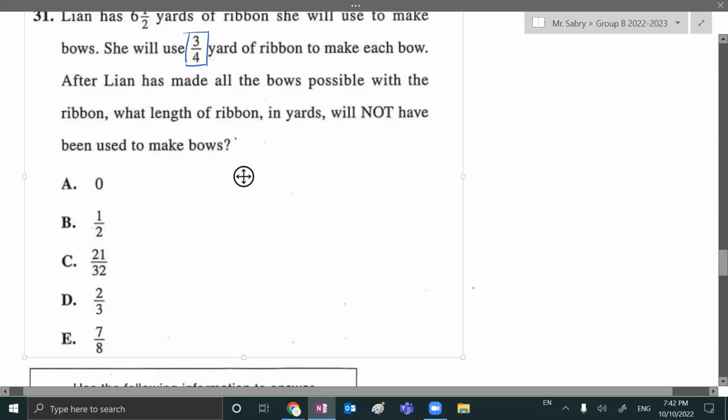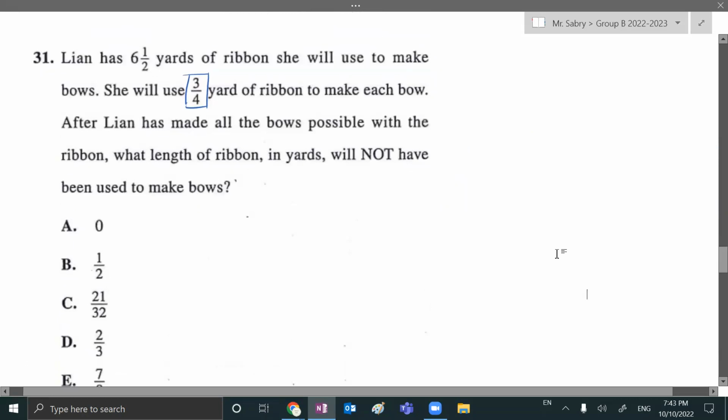I'm blacking out, sorry. Just give me a second. I think there's something that I don't get. I solved this question before. Wait. Leon has 6.5 yards of ribbon to make bows. Okay, so that's what she has. She'd use 3 over 4 yards of ribbon to make each bow. So what's the problem? After she made all the bows possible with the ribbon, what length of ribbon will not have been used to make each bow?